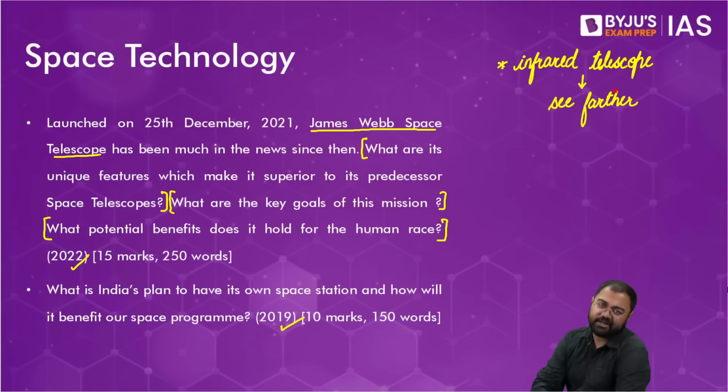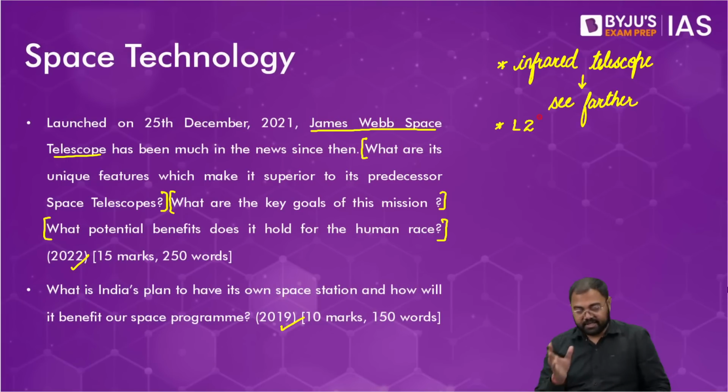How exactly, all that we'll discuss when we go to the IT and communication chapter. There we'll discuss infrared rays, and it will make it clear how exactly it can see farther. Secondly, it also has been placed at L2. Hubble Space Telescope was placed in the low Earth orbit.